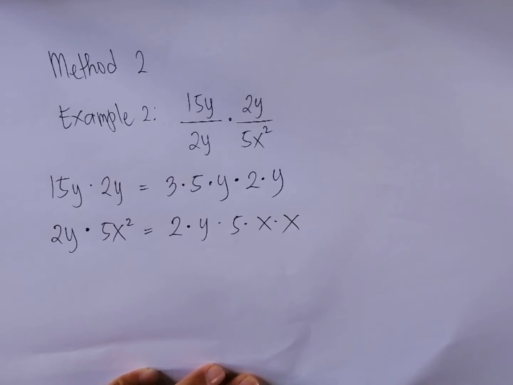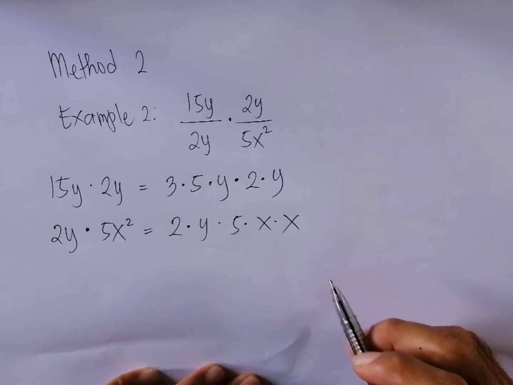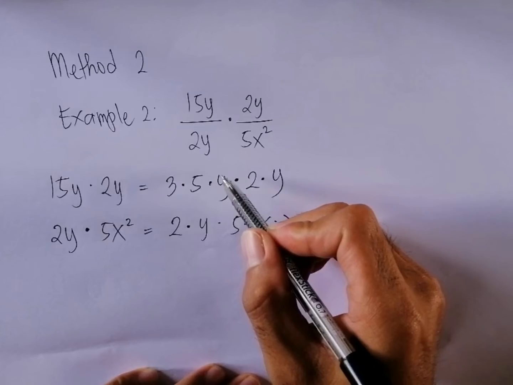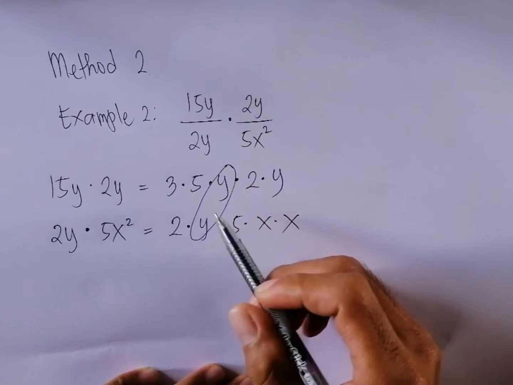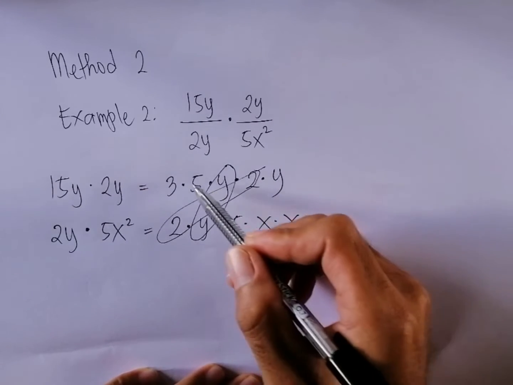Then look for common factors from the numerators and denominators. So this is, okay, 1 common, then 2, then 5.